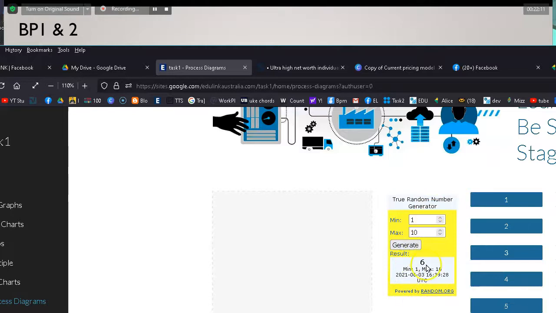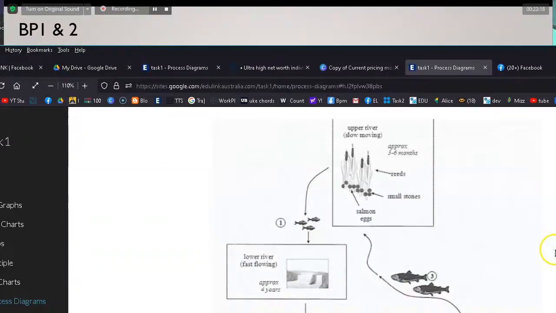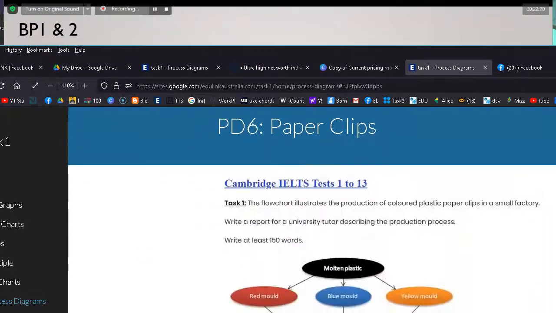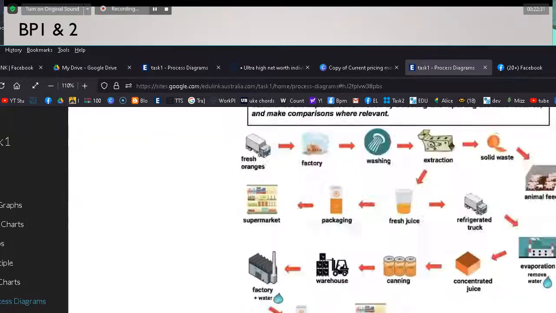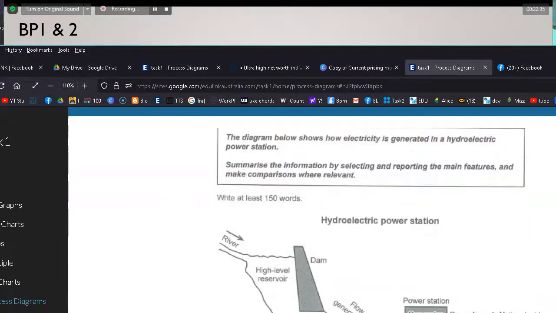And it gives us the number 6. So in this case, we would do a report on number 6. Click on 6, and it takes us to 3.6. Paper clips. Oh, this is wonderful. So, and write on that. But of course, it's completely random for everyone. Enjoy. And then, once you've done that, once you've written it, there's even a spot.